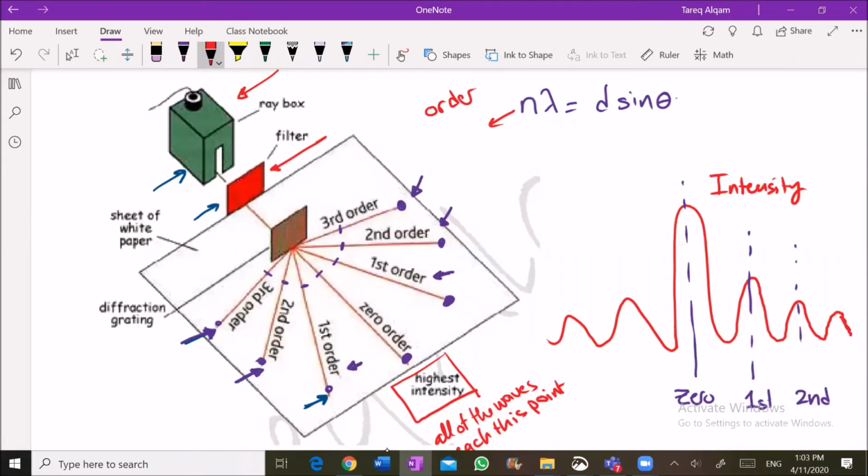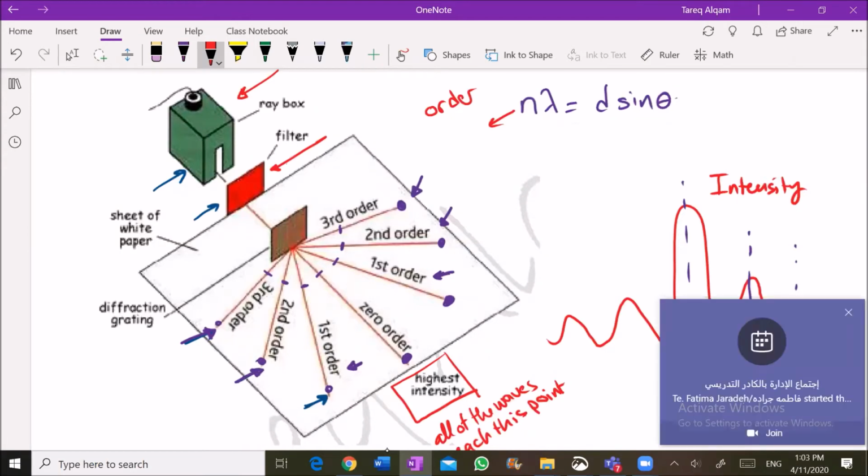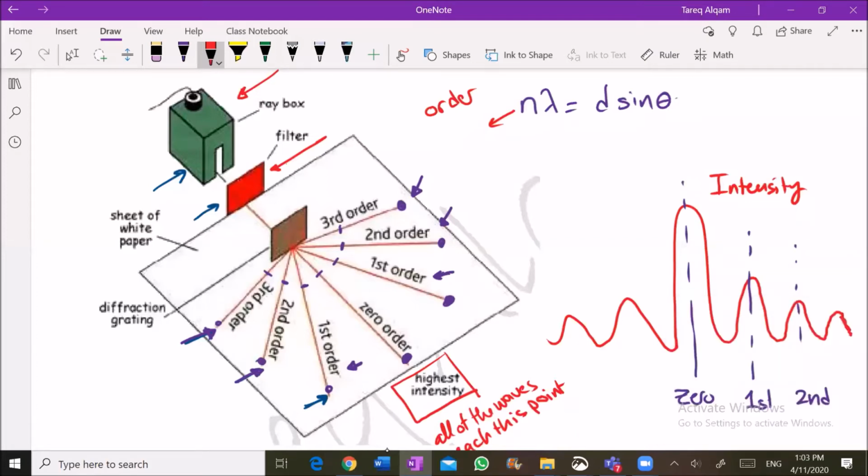It's the order from the center. Any question about the order, guys? It's the order of the bright spot from the center.